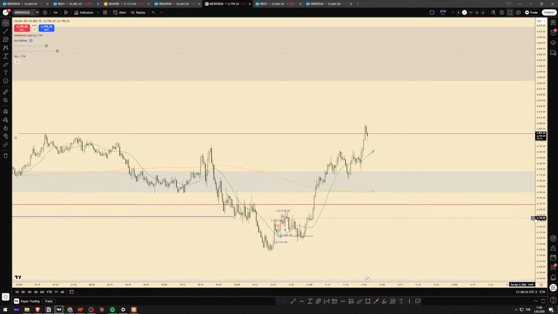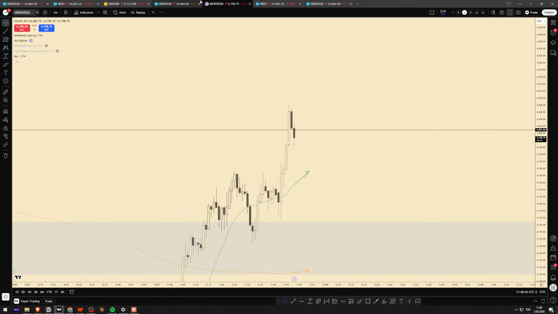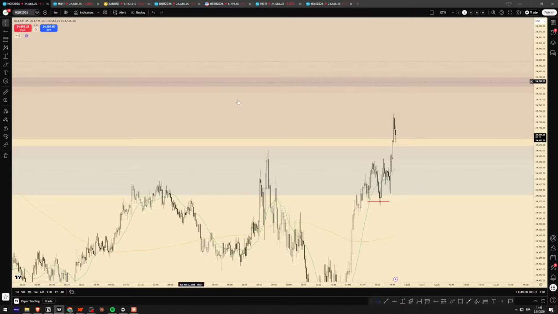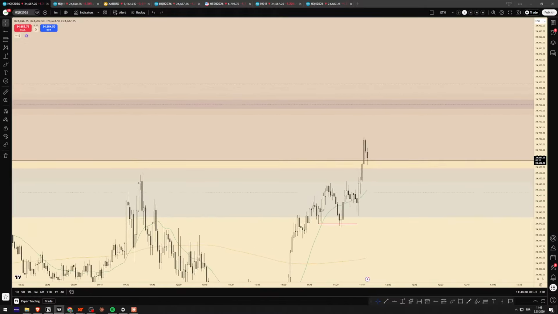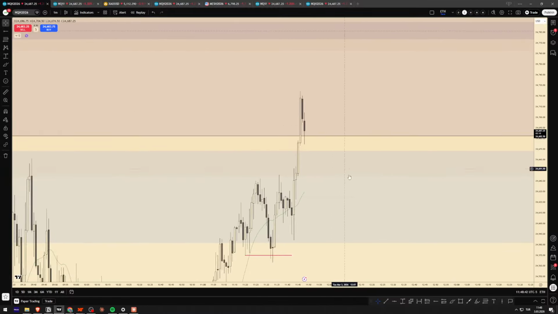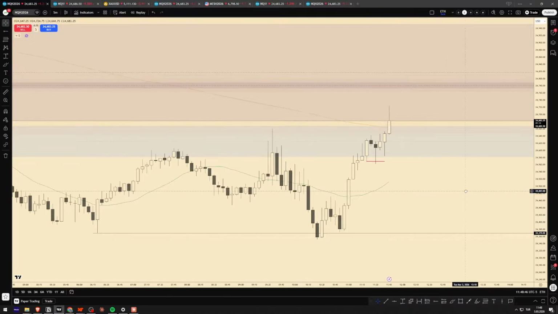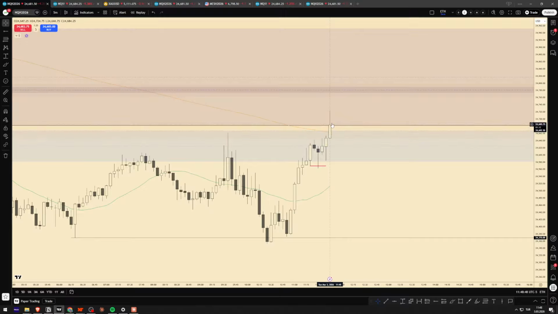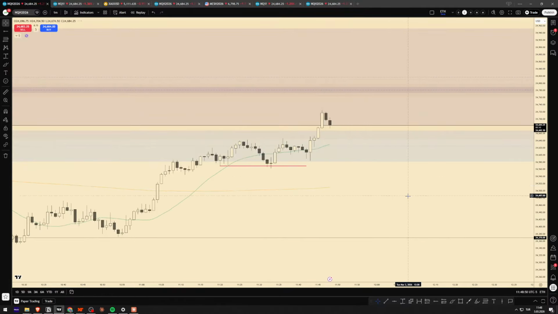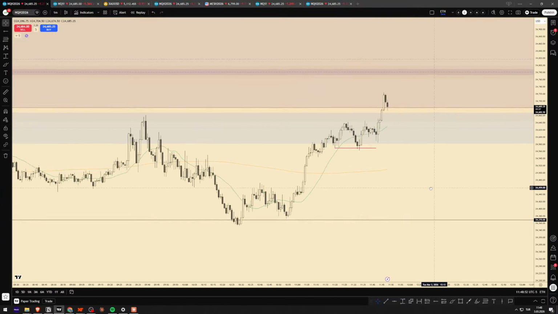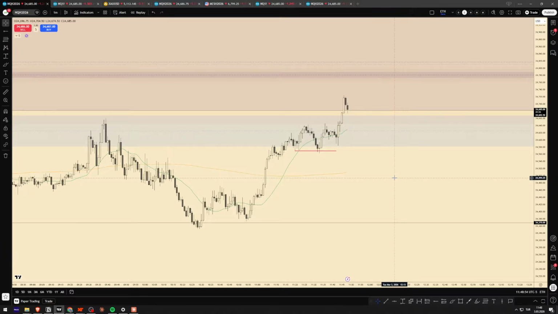Right now I don't really want to see a V-shaped reversal from these levels. I want to see a consolidation, and I kind of feel like price might consolidate. And if price keeps rushing lower, then I'm not selling.